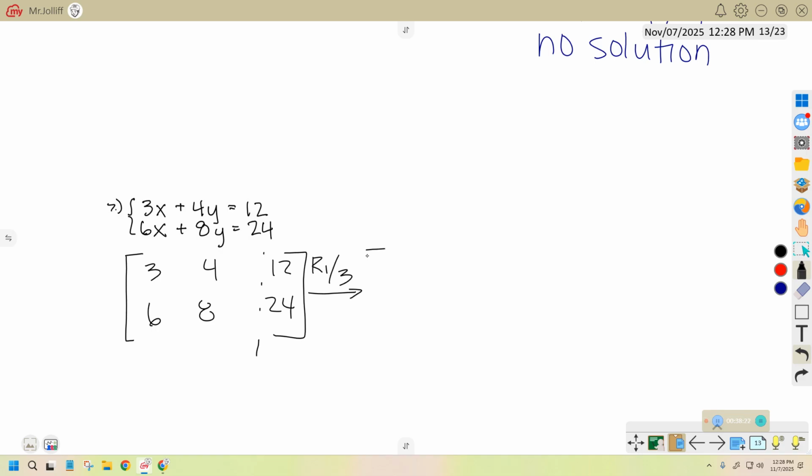Which row is not changing? Second one. So 6, 8, 24 stays the same. 3 divided by 3 is 1. 4 divided by 3 is 4/3. I can't make that any prettier. 12 divided by 3 is 4. Yeah, good. Perfect.